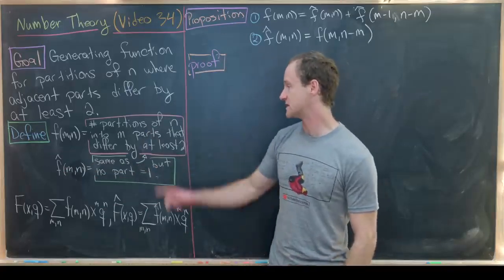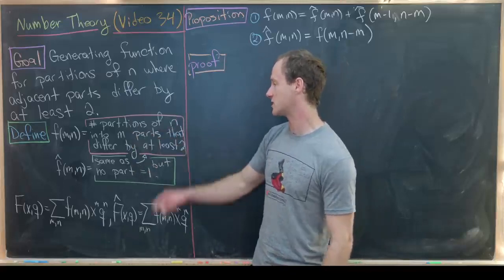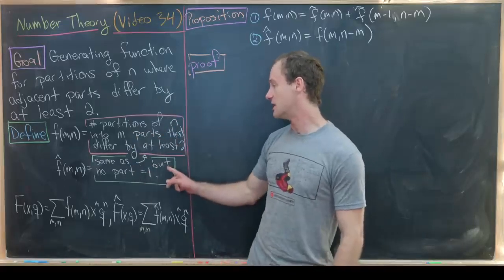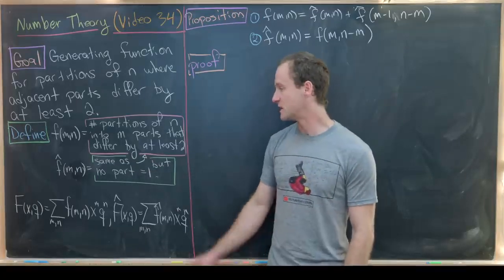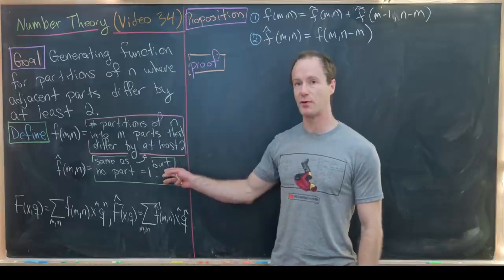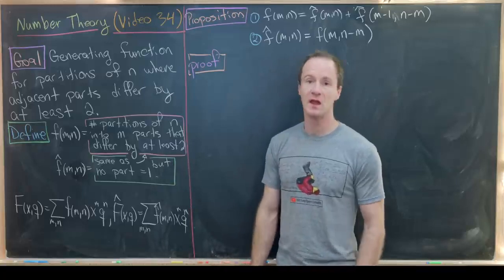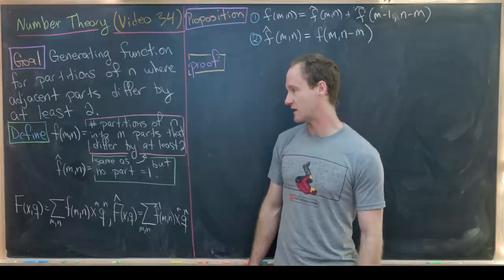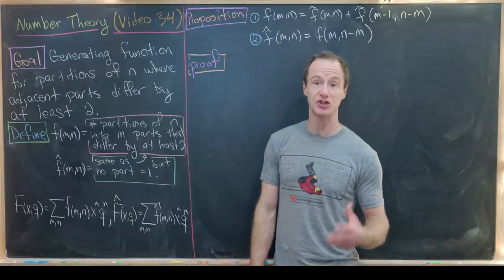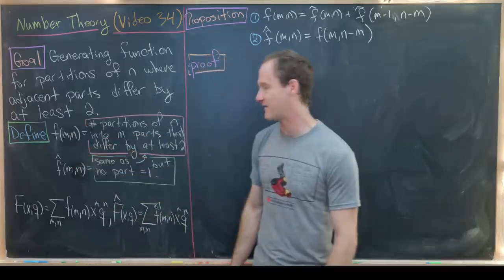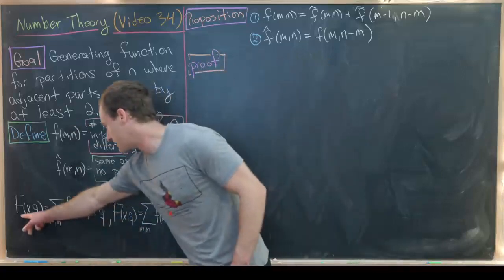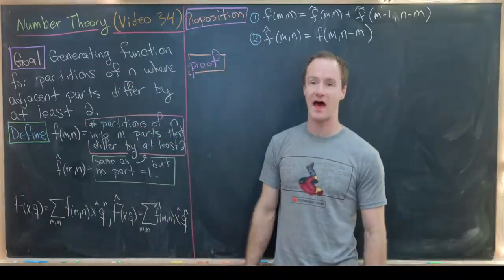In other words, it's partitions of n into m parts that differ by at least 2, but in this case, none of the parts are equal to 1. So that means the smallest possible part here is equal to 2. And then since we're looking for generating functions, I will define two variable generating functions based off of f and f hat. So I've called them capital F and capital F hat.